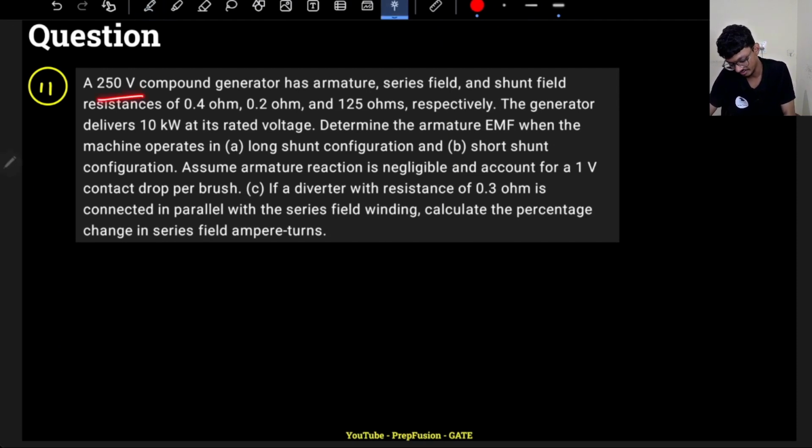We have a 250 volt compound generator with armature, series field and shunt field resistances given. So we'll keep on writing.